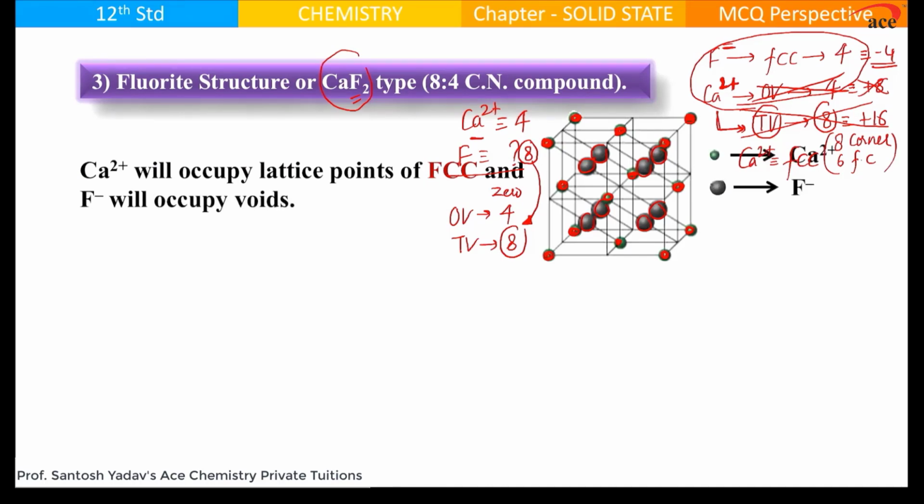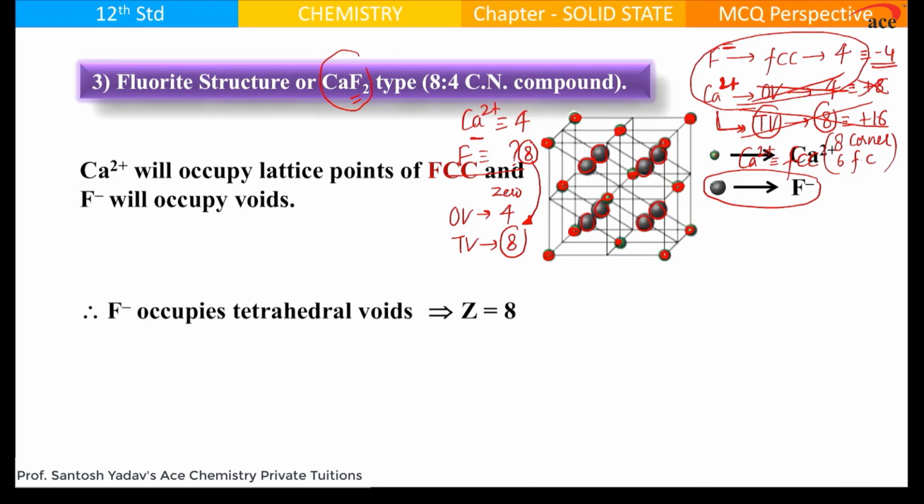So remember, the smaller green color spheres are calcium and the bigger spheres are fluoride. And where are fluoride present? They are present in tetrahedral voids, and are they occupying 50% tetrahedral voids or 100%? They are occupying 100% tetrahedral voids. Then only charge balance will take place.